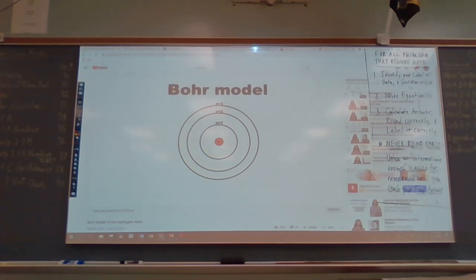So if the electron in a hydrogen atom goes from the n equals 3 to the n equals 2 energy level, a photon will be emitted that is equivalent to that specific energy gap. Another transition has a different energy gap associated with it, and therefore generates a photon of that particular energy. And to go from lower to higher energy levels, an electron must absorb a photon of that particular energy.